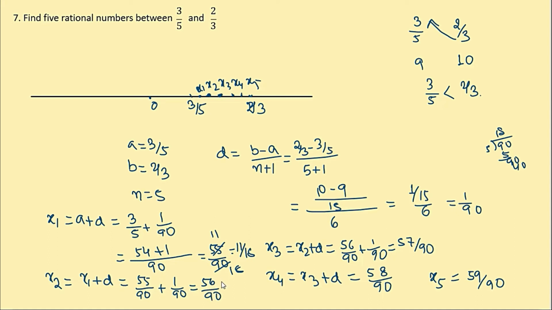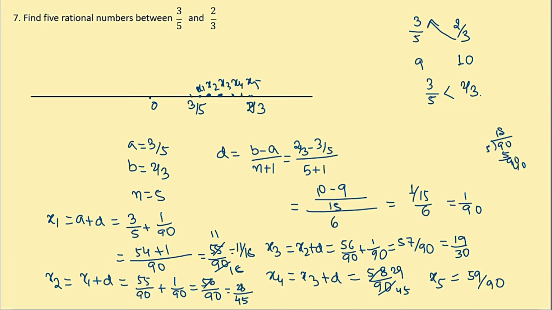Yes, you can reduce it, and it will come as 28 by 45, since it is divisible by 2. 57 by 90 can also be written as 19 by 30, and 58 by 90 can be reduced as 29 by 45, and 59 by 90 can be written as it is. If you want to reduce, you can reduce it, or you can write as it is.